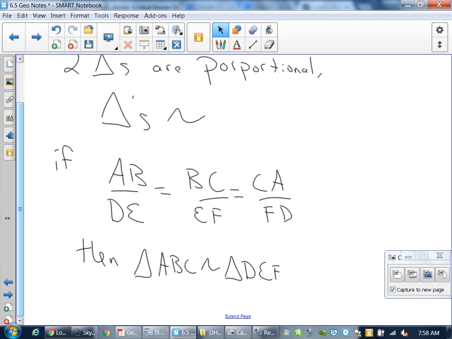You guys went through and checked all the side lengths to see if they had the same proportions. Well, all you're doing now, instead of polygons, is sticking in triangles. And that's it.